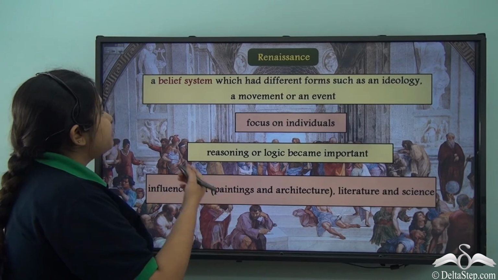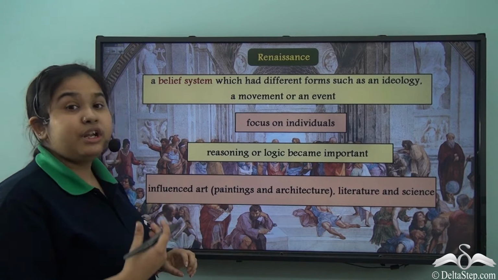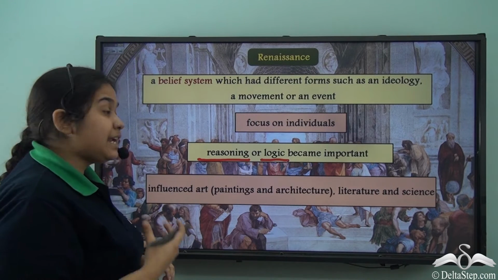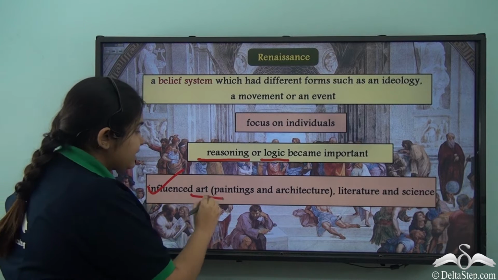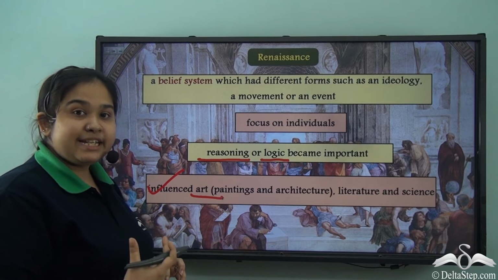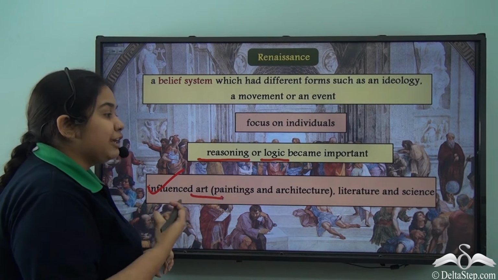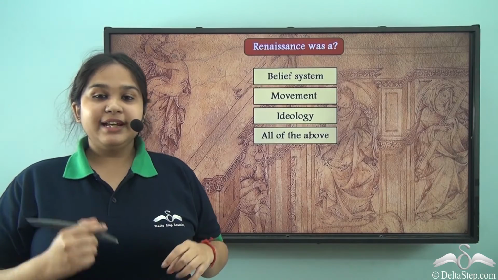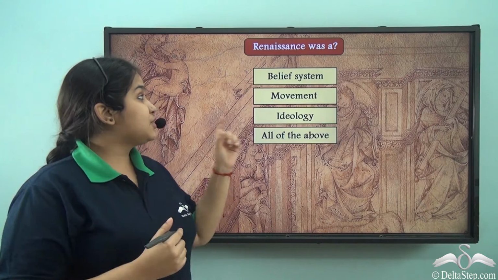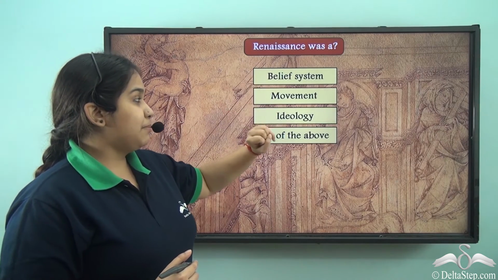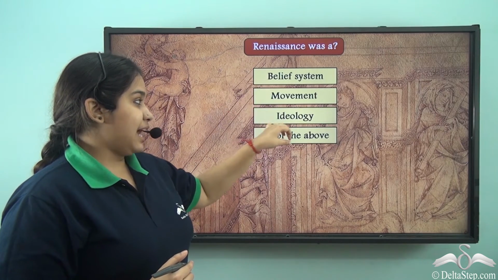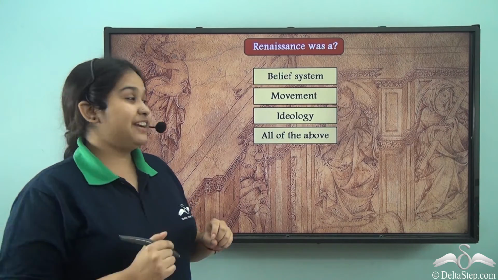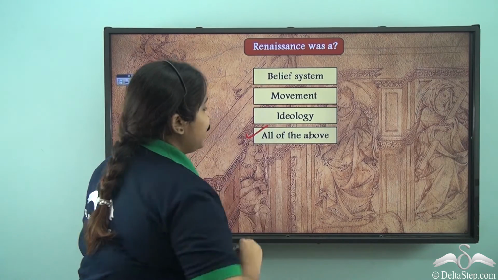So we see that the belief system that was based on reasoning or logic, which was developing during this period, ultimately influenced art that included paintings and architecture and sculptures, and also influenced literature and science. So can you tell me what exactly was the Renaissance age? Was it a belief system? Was it a movement? Was it an ideology? Or was it all of the above? That's correct. It was all of the above.